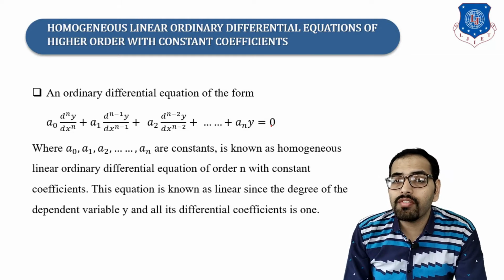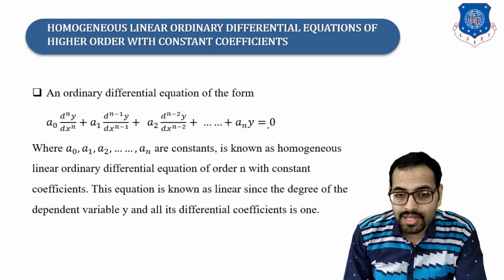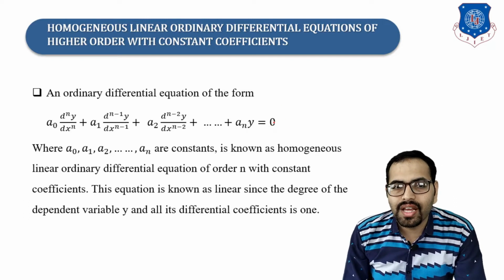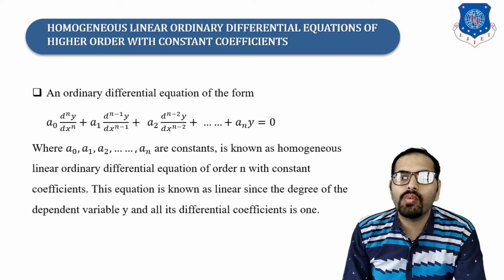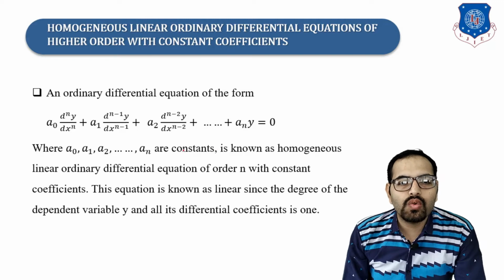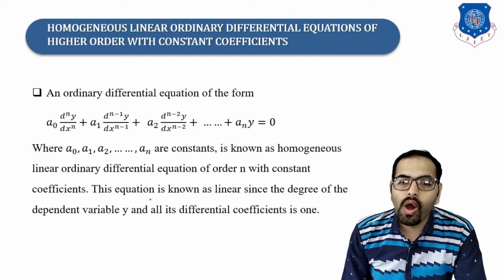If it is equal to some value or function of x, like x, cos x, sin x, x square, etc., then we can say that it is a non-homogeneous ordinary differential equation, where a0, a1, a2, a3 and so on are arbitrary constants. It is known as a homogeneous linear ordinary differential equation of order n with constant coefficient.